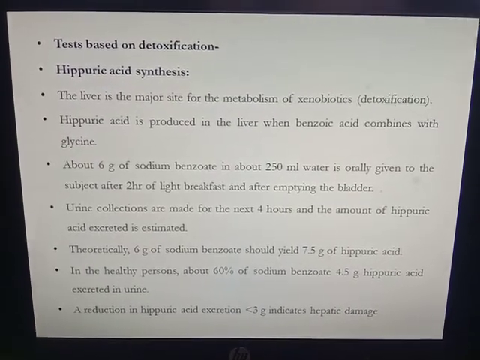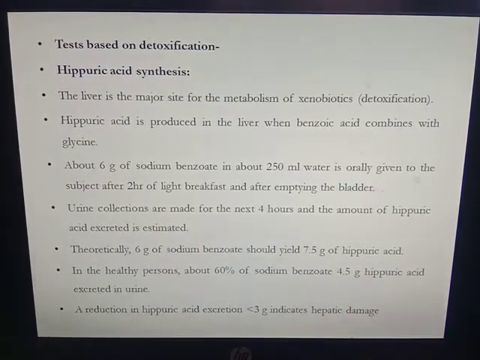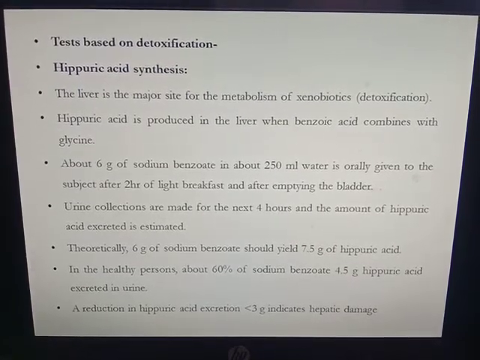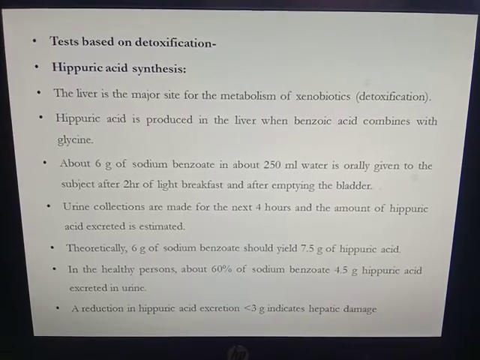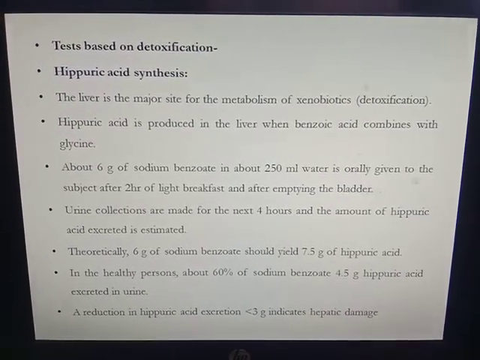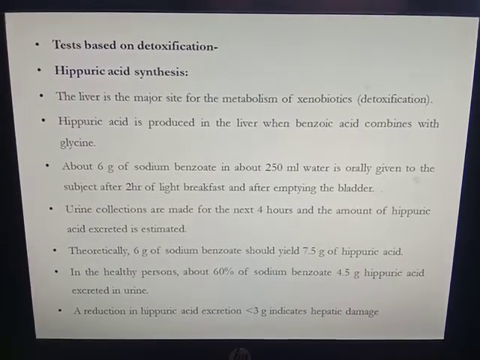About 6 gram of sodium benzoate in 250 ml of water is given orally to the subject after 2 hours of light breakfast and after emptying of the bladder. Then urine collection is made for the next 4 hours and the amount of hippuric acid excreted in urine is estimated.